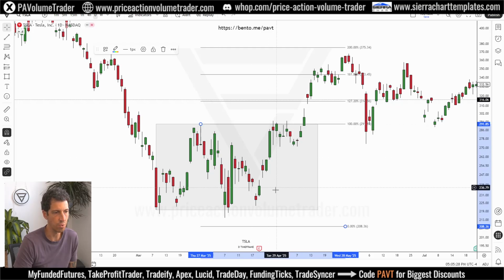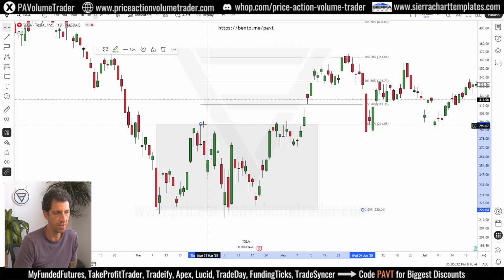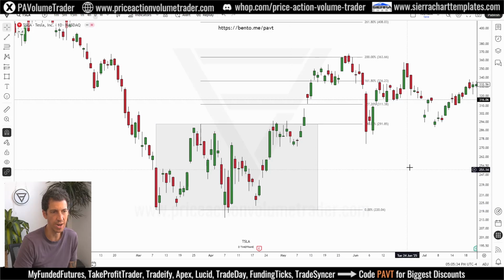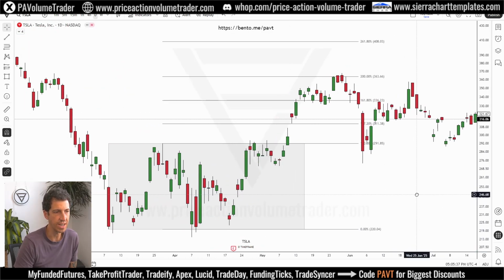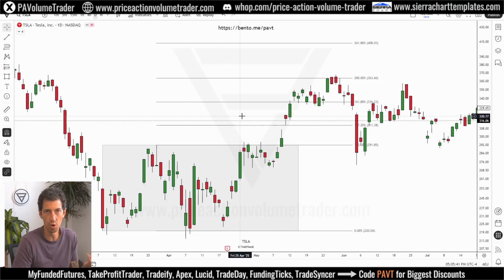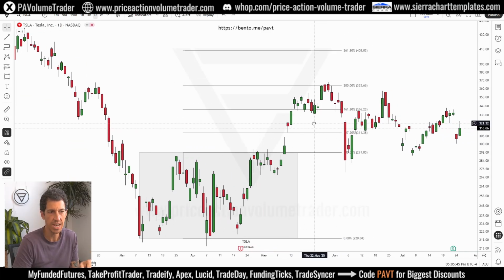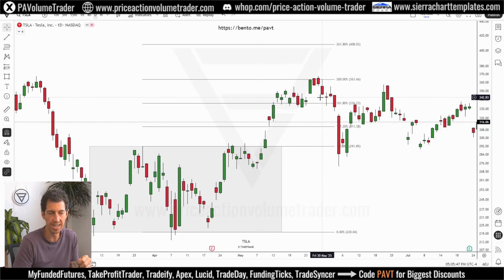So then we take the fib from the range high to the range low, and you can see right here. Obviously, this is a daily time frame. If we're day trading, we're going to go into the lower time frames and have a lot more detail, but we will have macro levels that we look at to trade on the lower time frames.